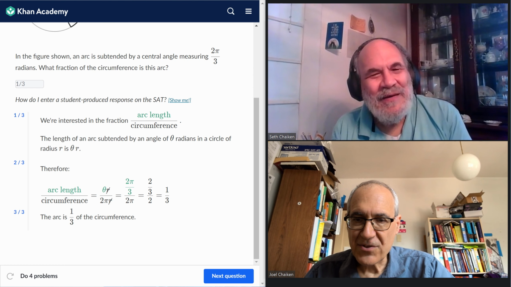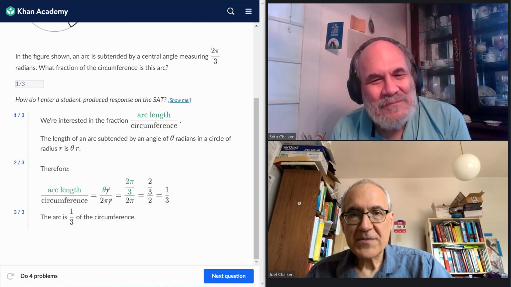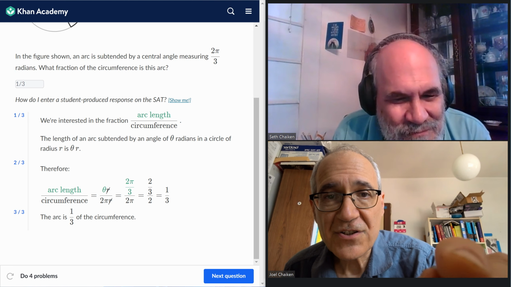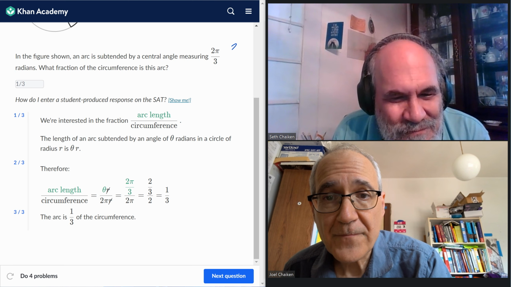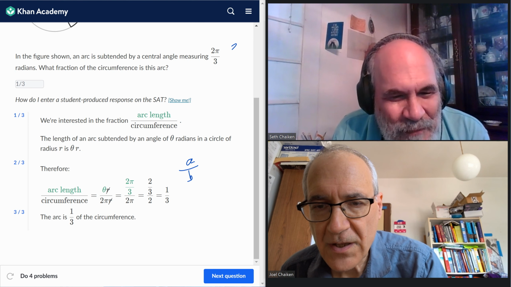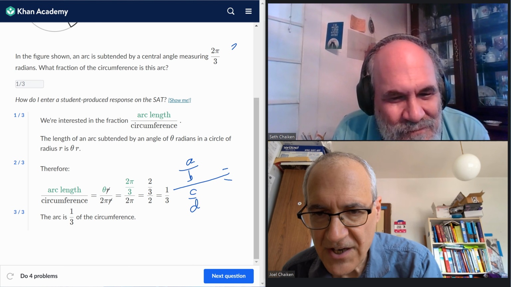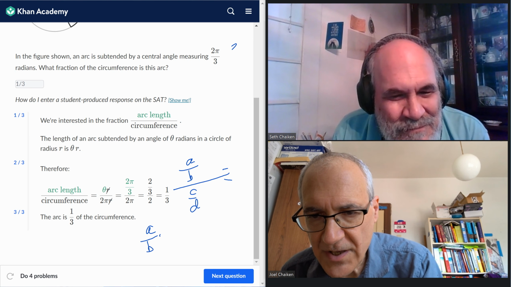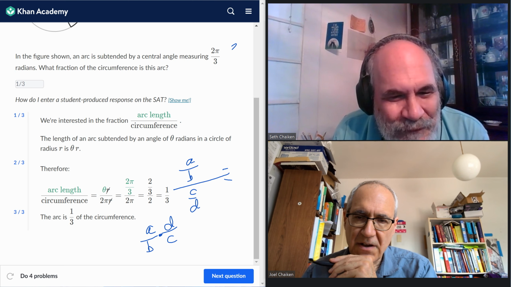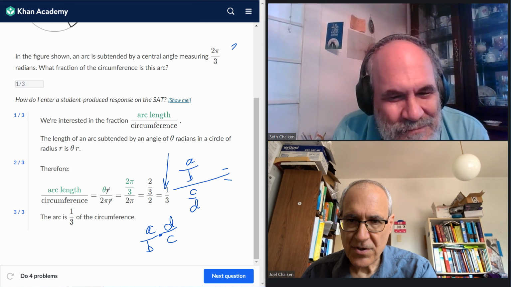They don't show you how to do the complex fraction, which many people forget. So we need to show how to do a complex fraction. If you have A over B divided by C over D, it's called a complex fraction. This is equal to A over B times the reciprocal of the denominator. They don't really show it here, but they should.